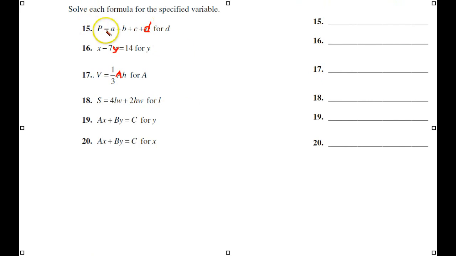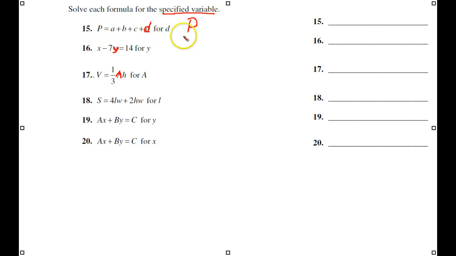Okay, we're going to solve now for a specified variable. So our answer will be in letters. We're going to use the same techniques as we use for solving equations. We want to isolate the d. So over on this side, there's the p already.